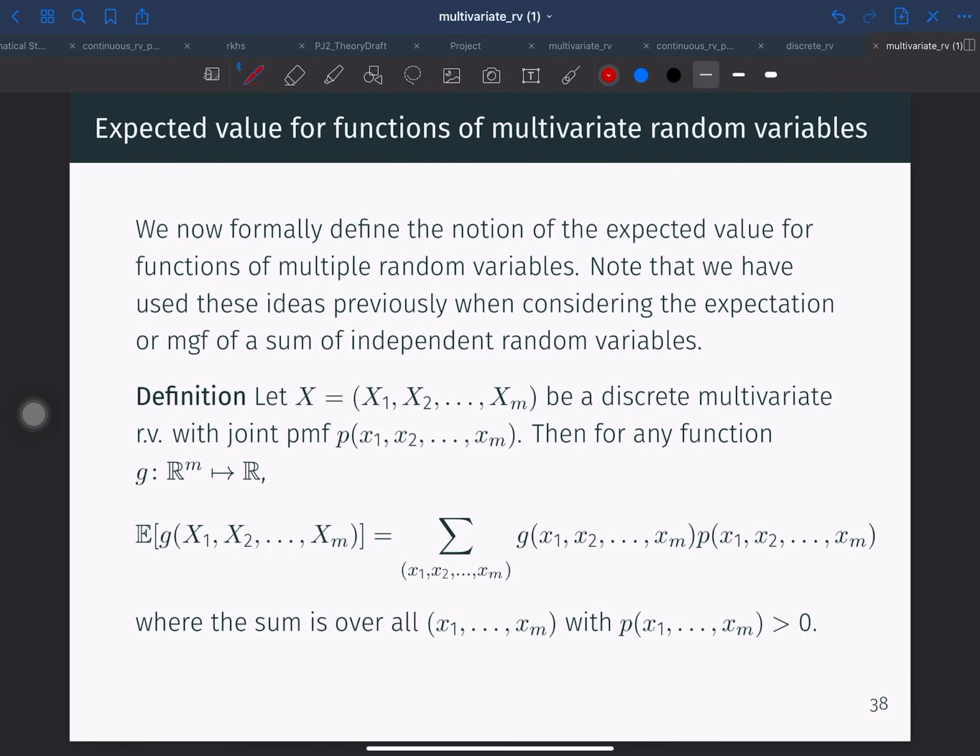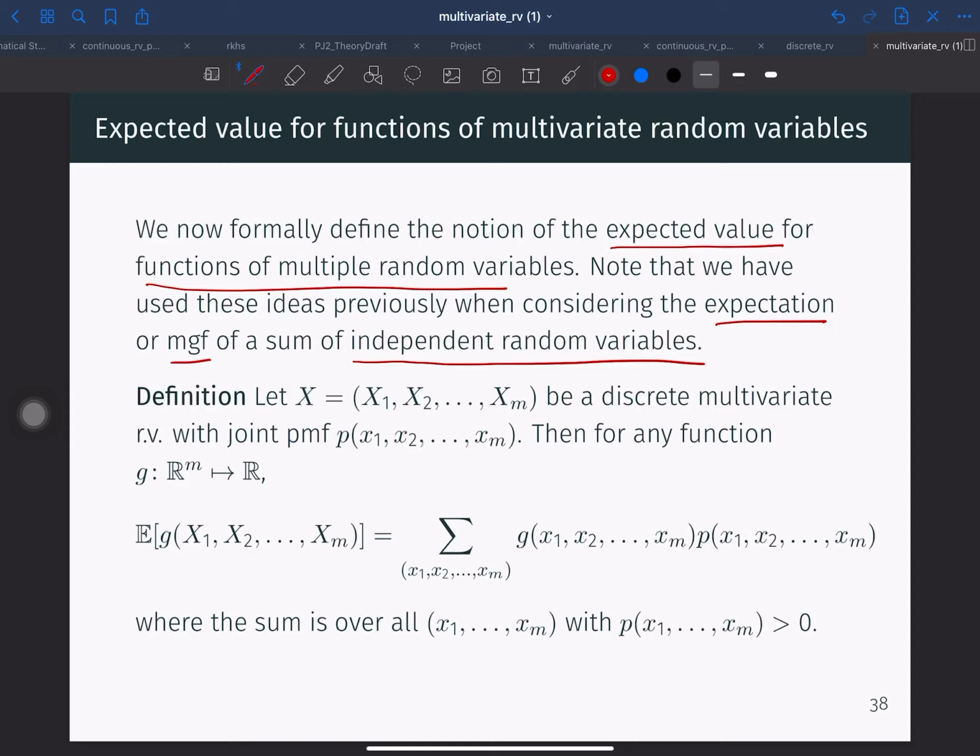So we will now move on to the topic of the expected value for functions of random variables. We now formally define this notion of expected value for functions of multiple random variables. But note that we have used many of these ideas before, when we were considering, for example, the expectation or the moment generating function of a set of independent random variables.